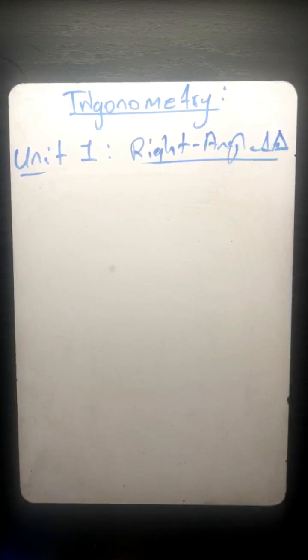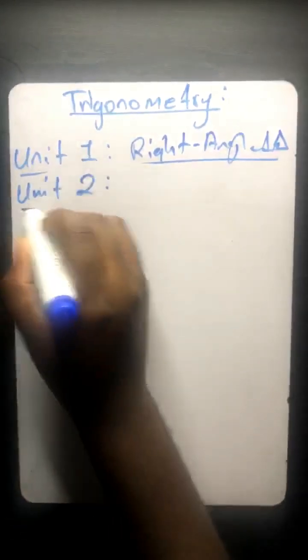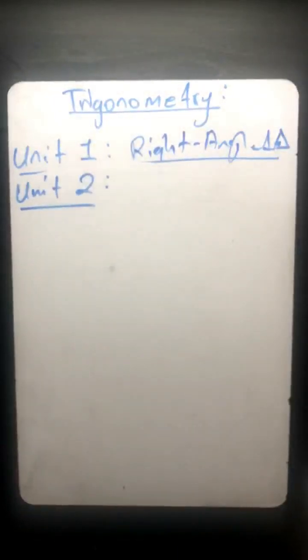Let me quickly check my notes. Under unit number 2, we discussed what we call trigonometric ratios and their reciprocals. This is me trying to summarize all that we did last weekend.